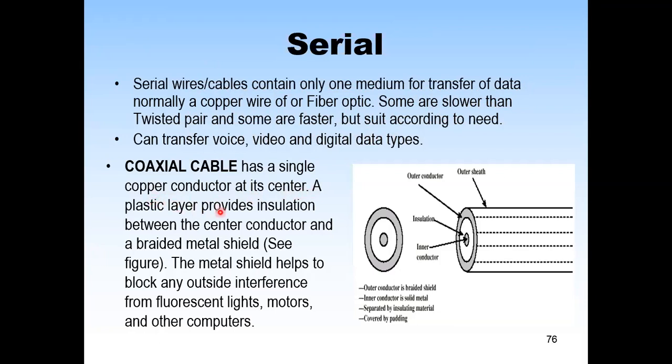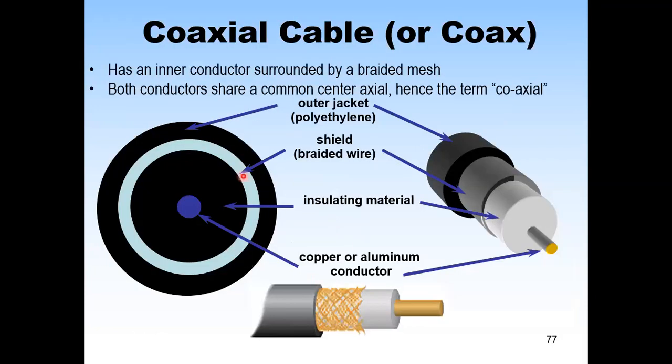A plastic layer provides insulation between the center conductor and a braided metal shield. The metal shield helps to block outside interference from fluorescent lights, motors, other computers, or any other noisy environmental sources.